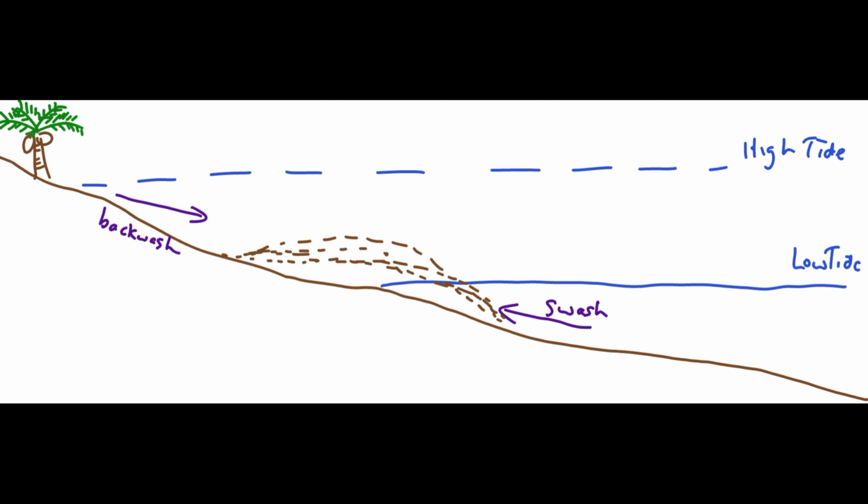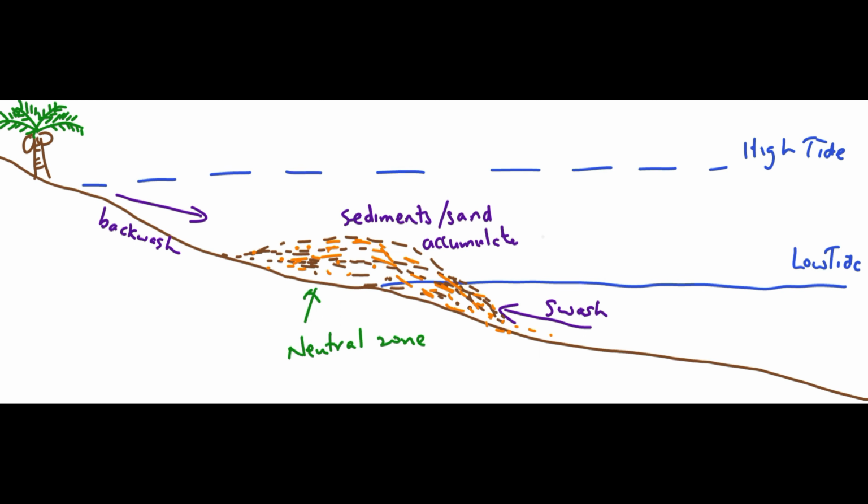Sandbars can also be influenced by swash and backwash mechanisms, since materials can accumulate at the junction or the neutral zone where both of them converge. These coastal features can be partially or sometimes fully submerged, nonetheless are typically found in areas of lower energy or lower wave activity and shallower waters.